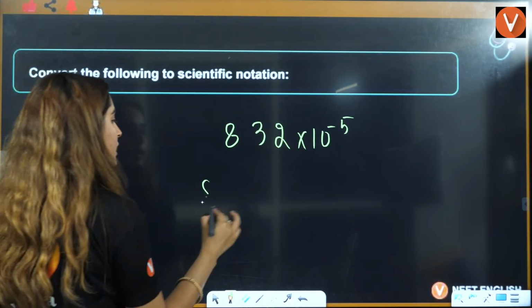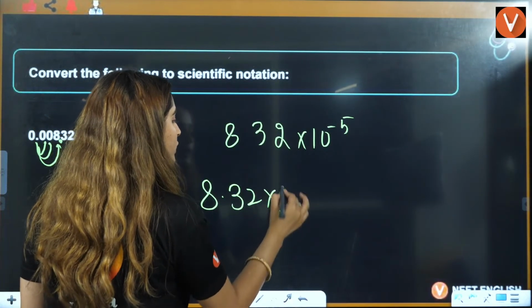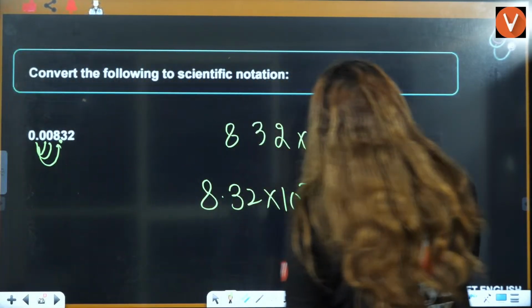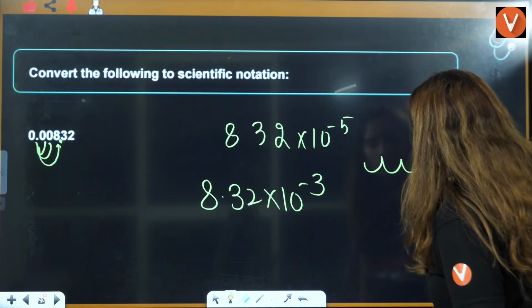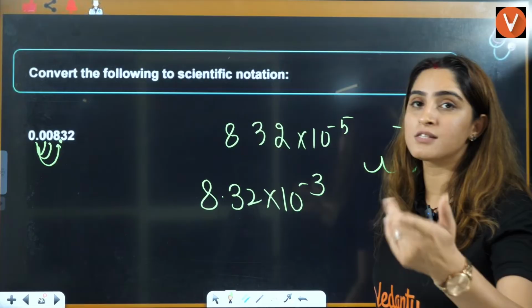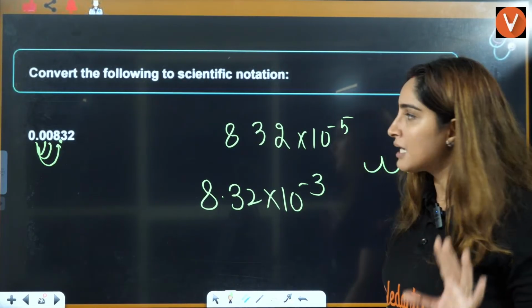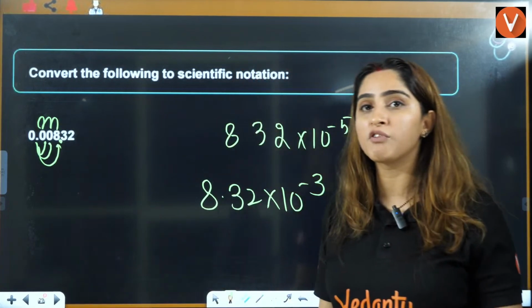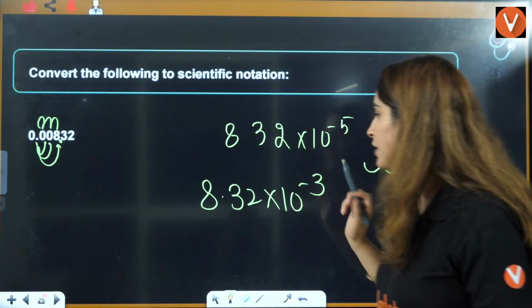So the answer will be 8.32 into 10 raised to power minus 3. The simple thing is, however many positions you shift to the right, that is the minus of that number, right? I have shifted 3 times, 1, 2, 3, so it will be 8.32 into 10 raised to power minus 3.